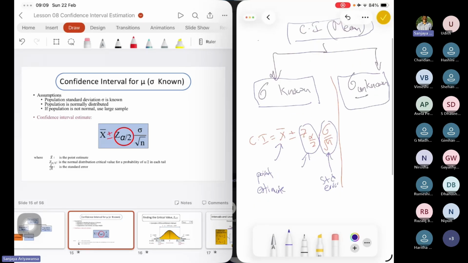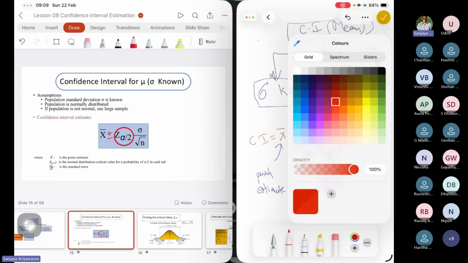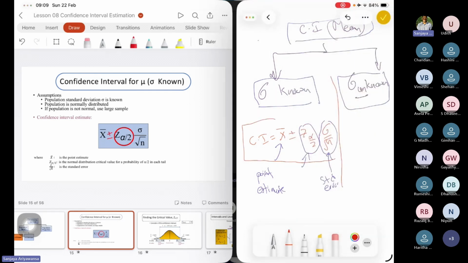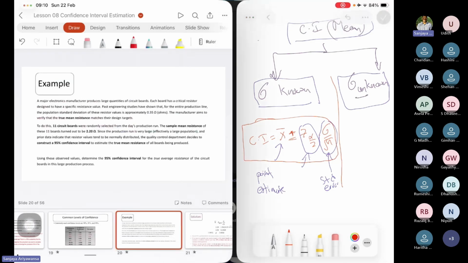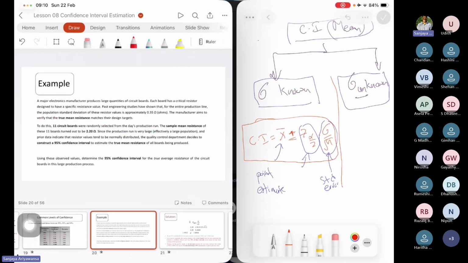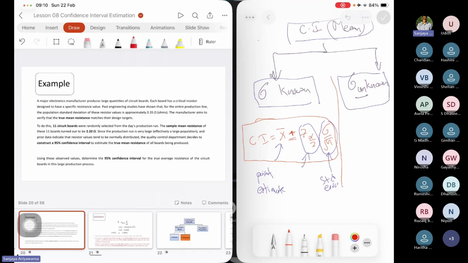For the known scenario, we used this equation: x bar, which is the point estimate and also your sample mean, plus or minus z alpha over 2 times sigma over root n. We looked at an example here as well. I will not go into that again because the solution was given and we did it last week, so I would urge you to go through it.